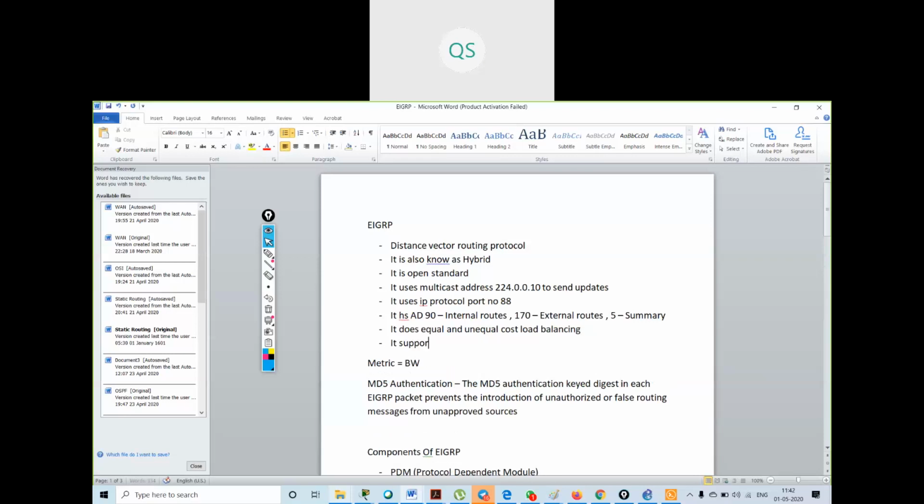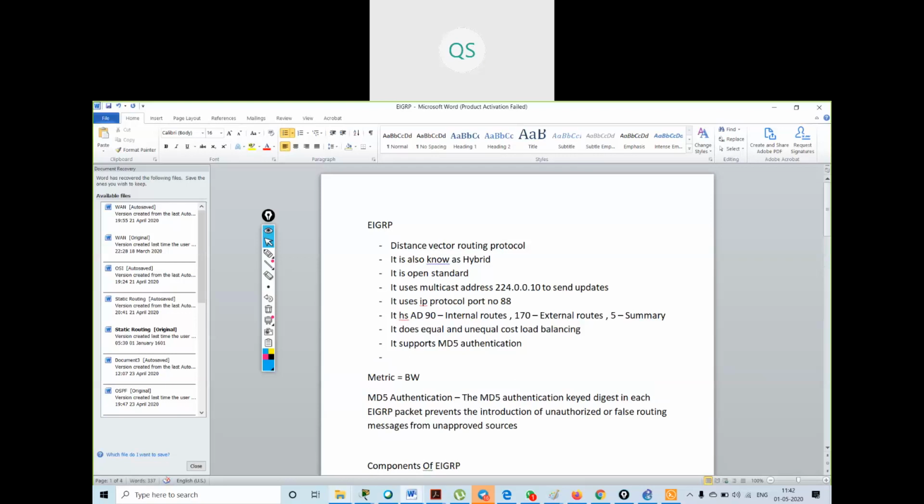It supports MD5 authentication. It uses the DUAL algorithm. We'll see what the DUAL algorithm is, to calculate the best path.